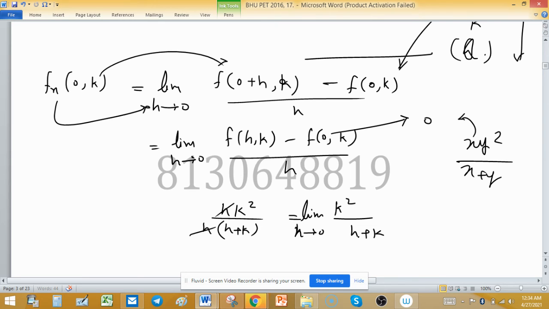If h tends to 0, then this limit will be k squared upon k, and this is equal to k.